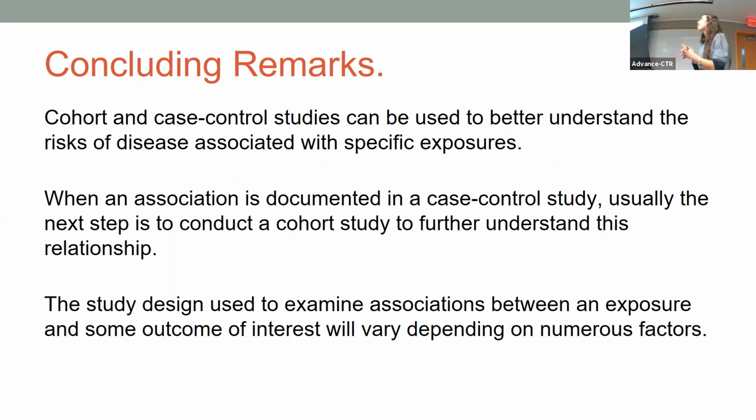They find some sort of association, and then individuals decide to put money and resources into further investigating these associations through a cohort study. A lot of the time you learn these things and you wonder, what should I do in my specific situation? I think it really does depend. But most of the time, the results of a case control study can help motivate the development of a cohort study.